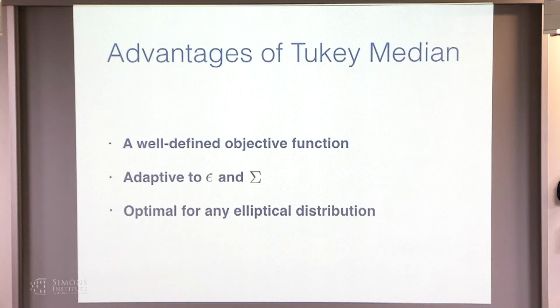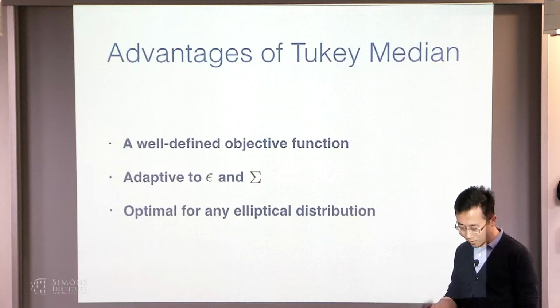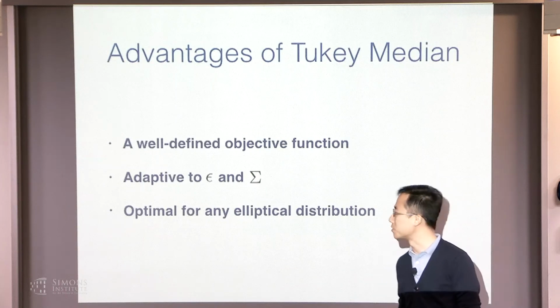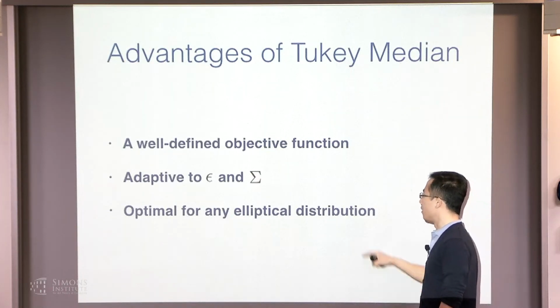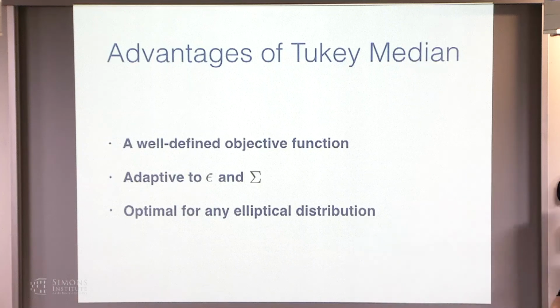But the most important property, I think, is the third one: Tukey's median is not only optimal for multivariate Gaussian mean estimation, it is actually optimal for any elliptical distribution. So you can think of the situation where maybe you have a multivariate Cauchy distribution. The first moment does not even exist, so you cannot estimate the mean. But you still want to locate the center of the data.